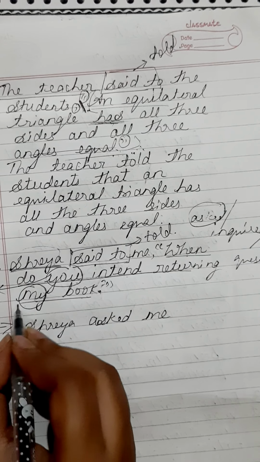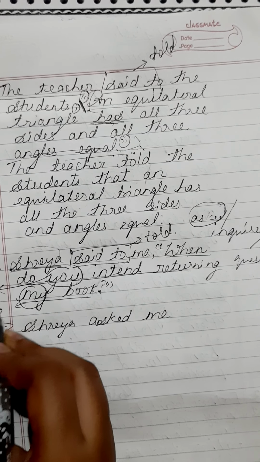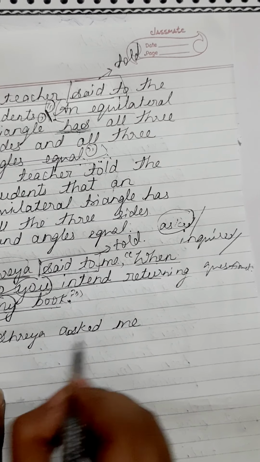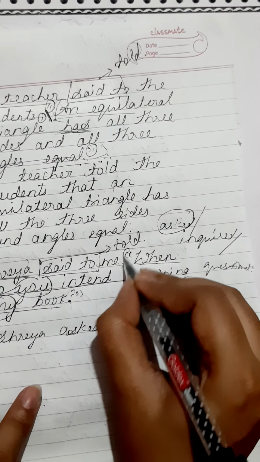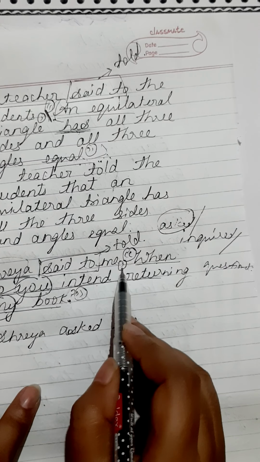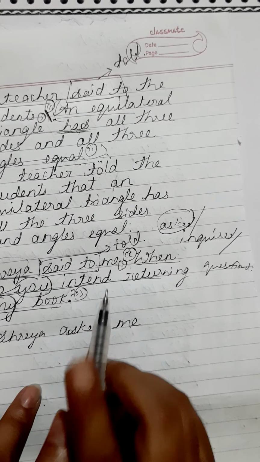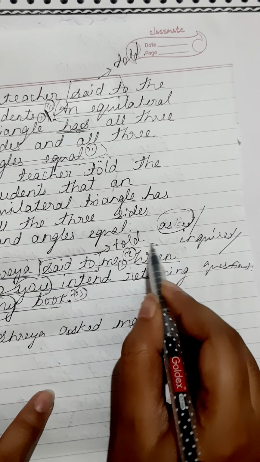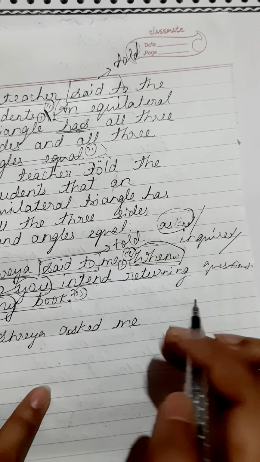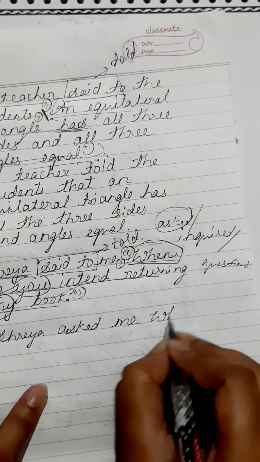So instead of my, we will write her. So let us continue. Shreya asked me. We will also remove these inverted commas and this comma, but here we will not add that. Why? Because we already have this question word when. So we will use this when itself. Asked me when.